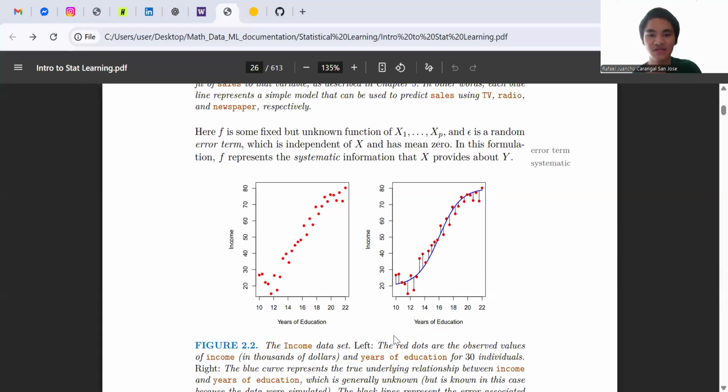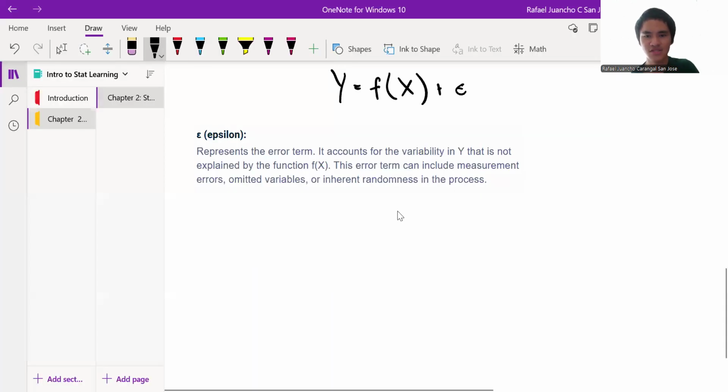Okay, so here we have this epsilon, and this means it's a random error term, right?